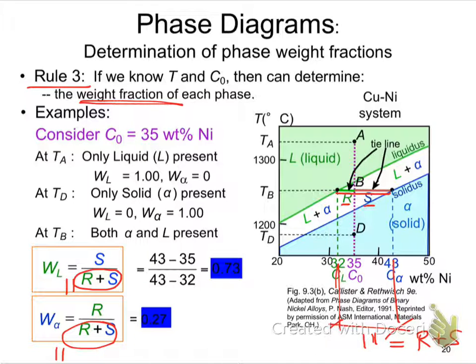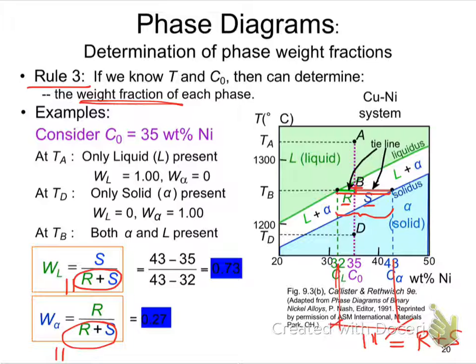Let's look at this. We want to know the composition for this one at point B, when we have both liquid and solid present, how much of it is liquid, how much of it is solid. And it's simply the ratio of these two values.